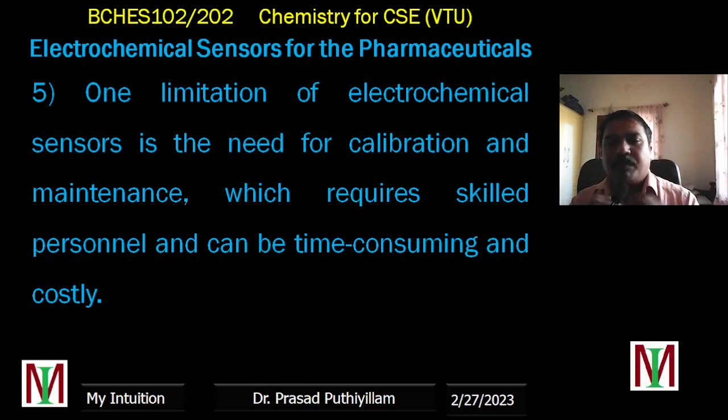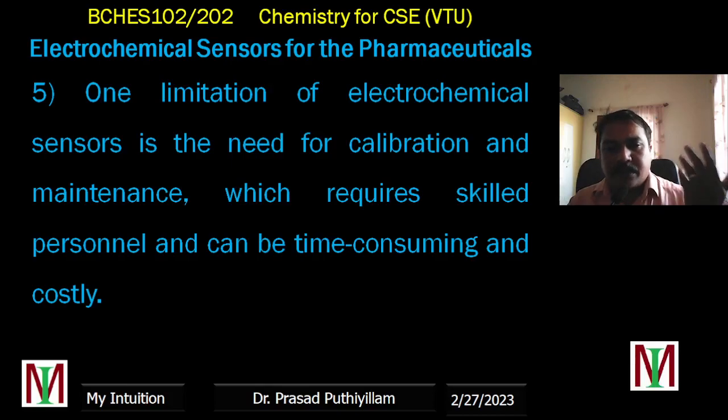The proper maintenance has to be done, because the electrochemical sensor has so many small components, which may undergo corrosion or some other poisoning may happen. Therefore, skilled personnel, the ones who are very skilled in operating such devices, only can do that.